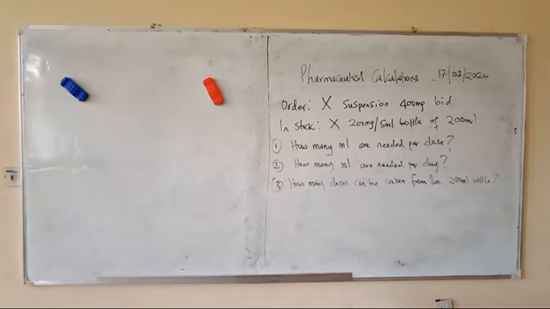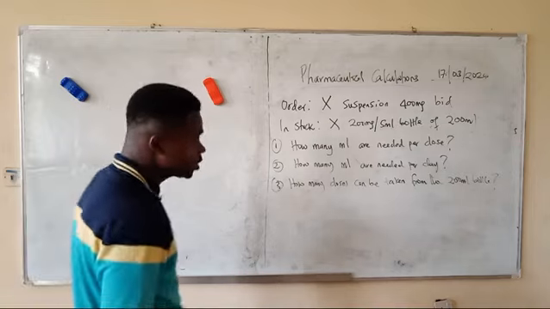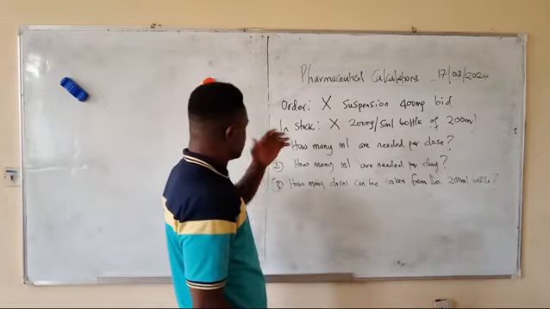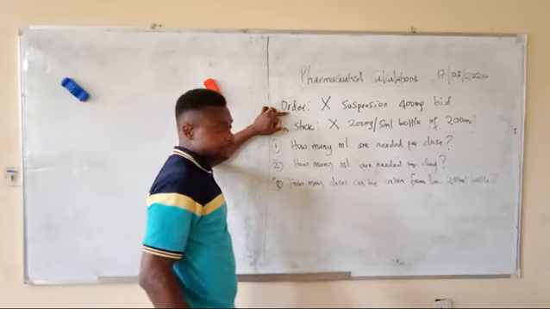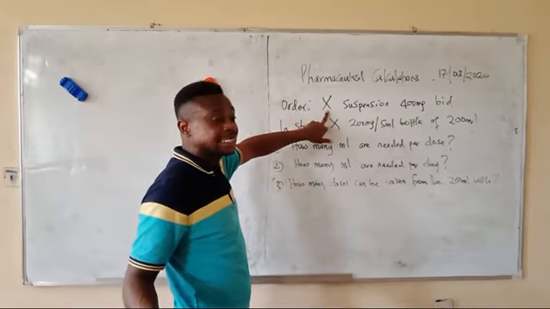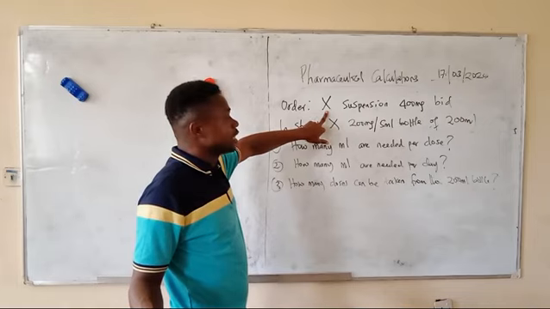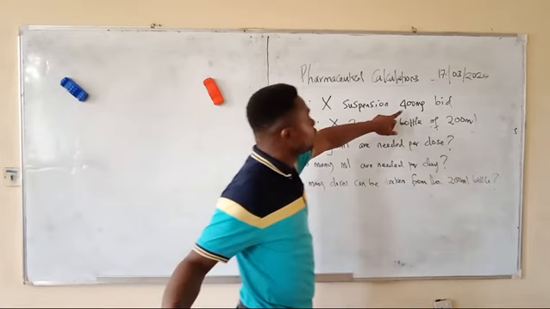The question says, order. That's what comes to the pharmacy, right? It says X, they didn't mention the name of the drug. They just say X suspension, 400 milligram BID.